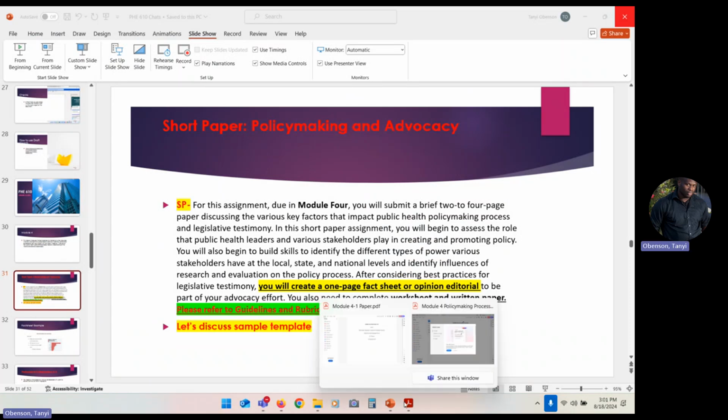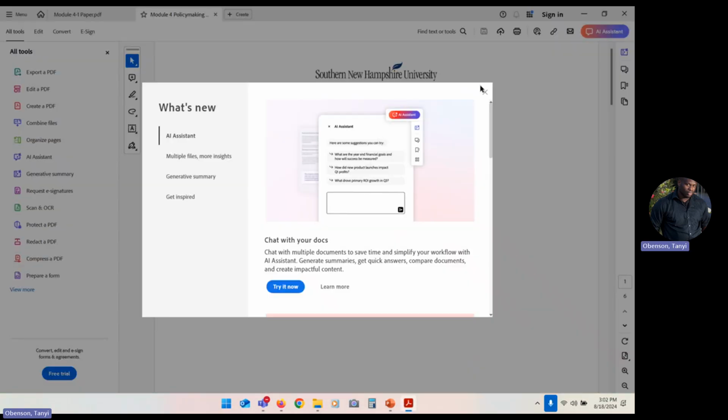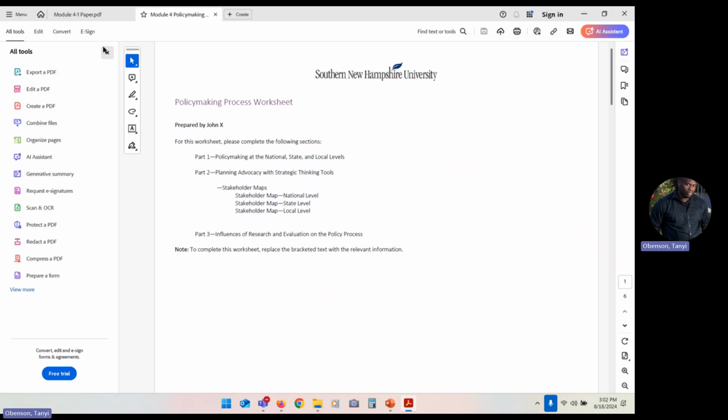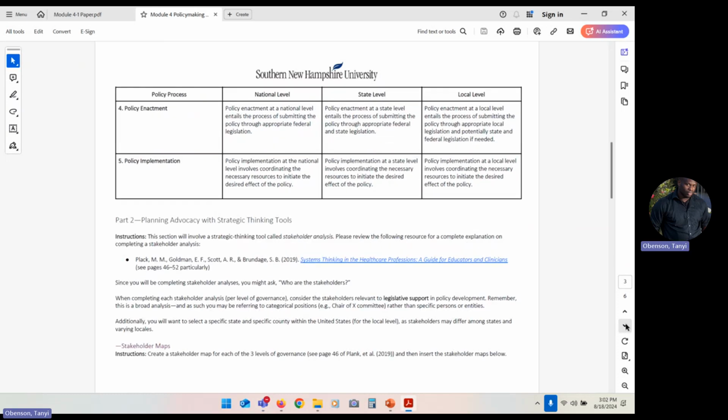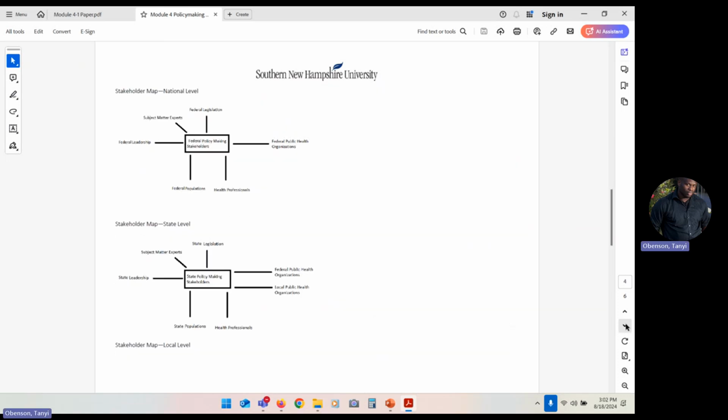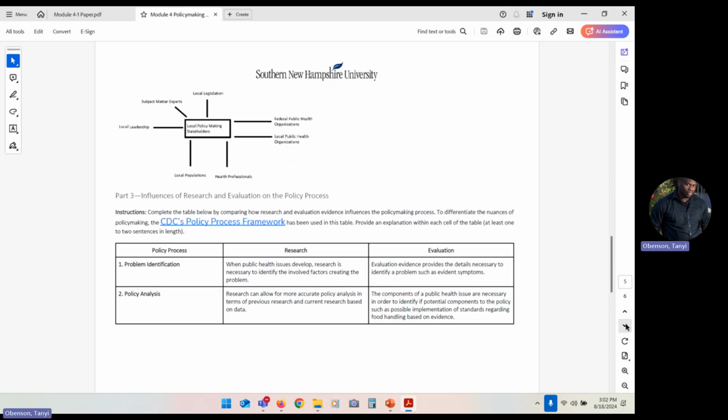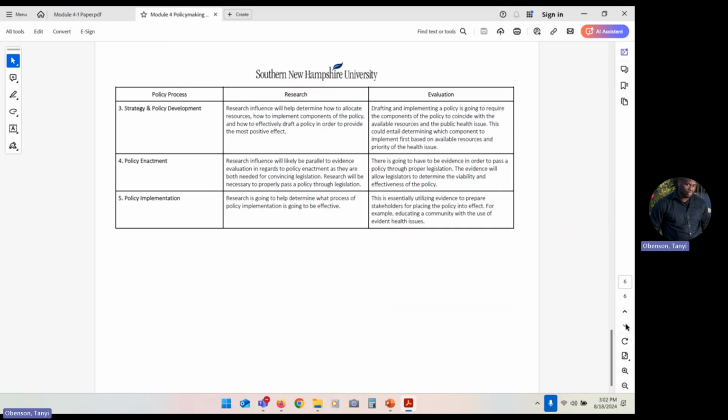In terms of your paper, or your worksheet, I should say, this is what your worksheet should look like. So you're going to have a worksheet, you're going to have a fact sheet, and you're going to have a paper. So this is what the worksheet looks like. You should fill out the information as required to get full credit.